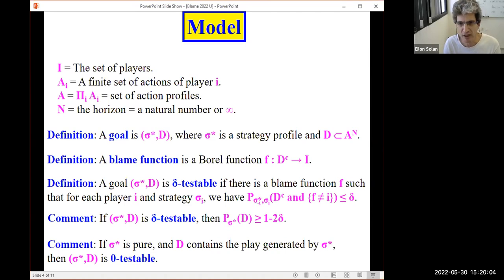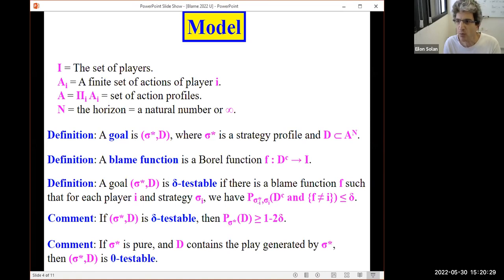It doesn't depend on the long-run average frequency of actions, but is just a general function from infinite plays to payoffs. And we have some strategy profile, and we would like to construct an equilibrium in which the equilibrium play is to follow this strategy profile.